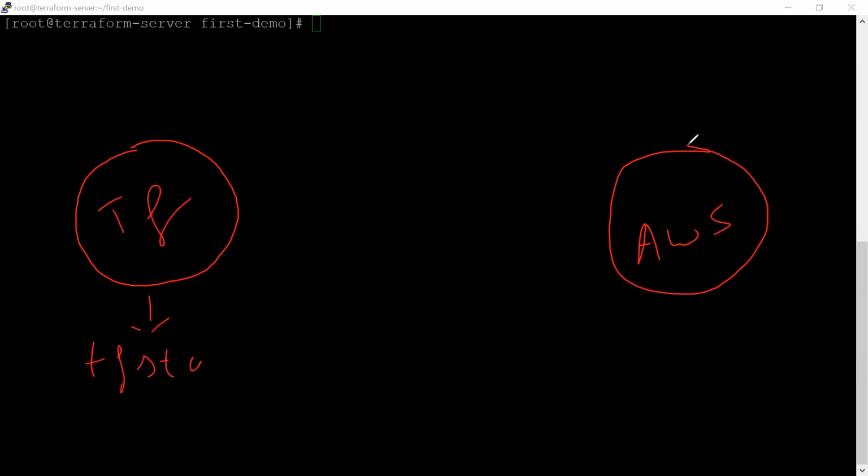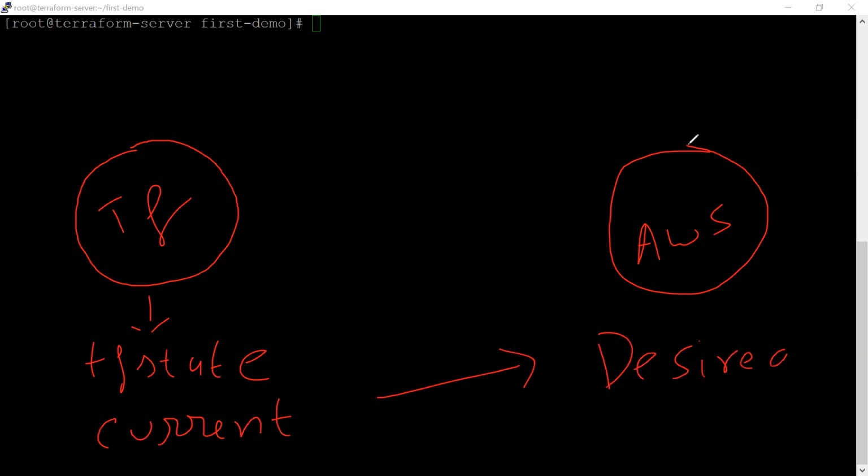So the current status is always put here, and whatever you want, the desired state, is here. So we will think from the Terraform perspective. For Terraform, the current state is whatever is there in the TF state, and desired is whatever you want to change on the provider. Here in my example, it is AWS.